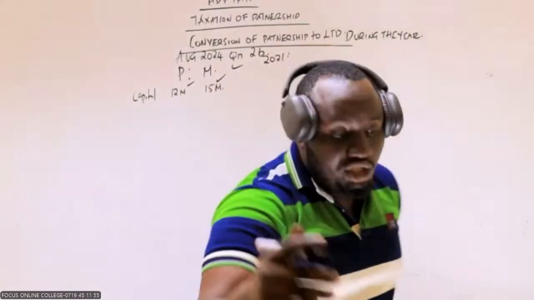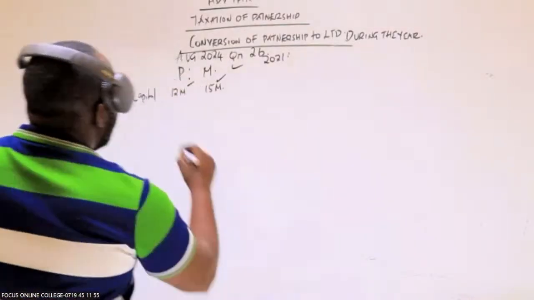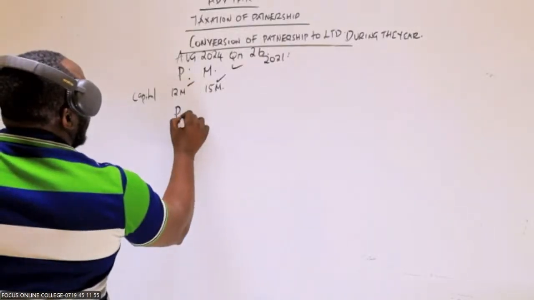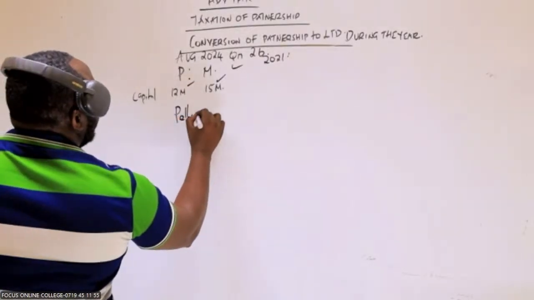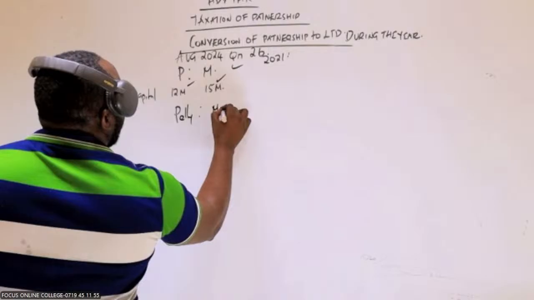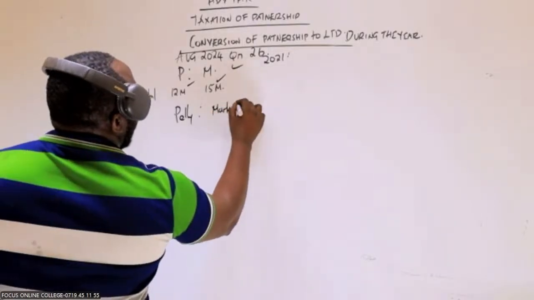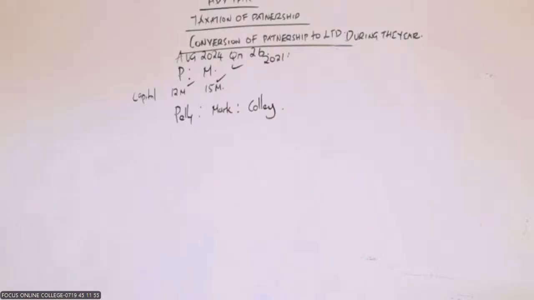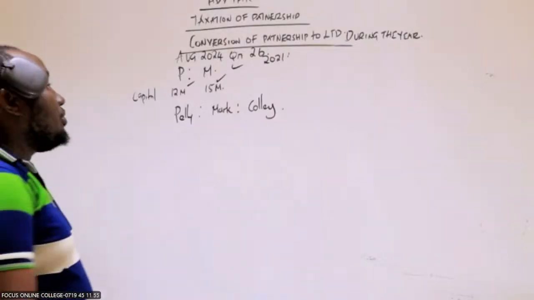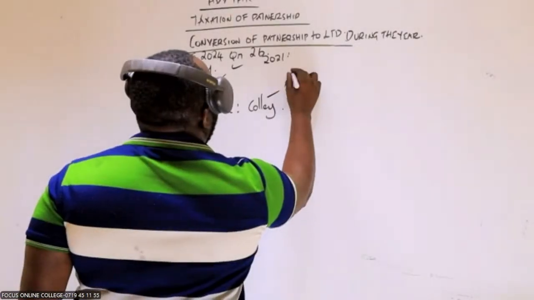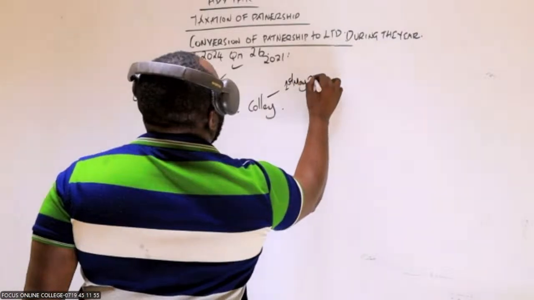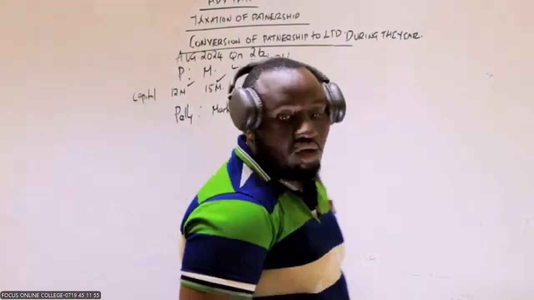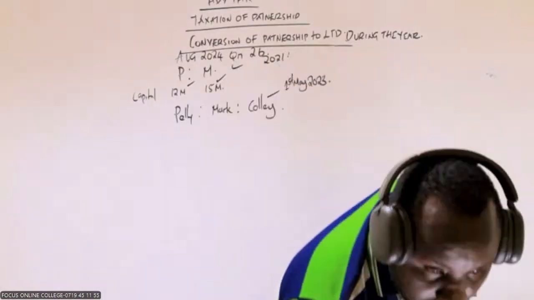So due to the need for expanding, these people decided to introduce a third partner. So we have Paley, we have Mark, and then we have the last, Coley. Are we together? Coley was introduced on 1st May 2023. Is that noted?